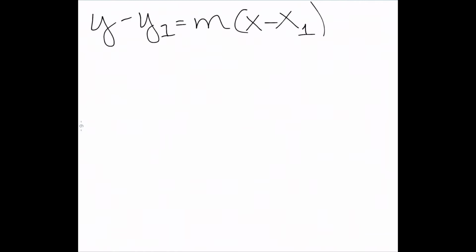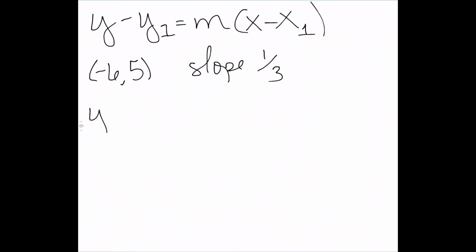As an example, if we know the line passes through -6, 5 with a slope of 1/3, then I could do y minus y1, which is 5, is equal to my slope, 1/3, times x minus x1, which is -6.